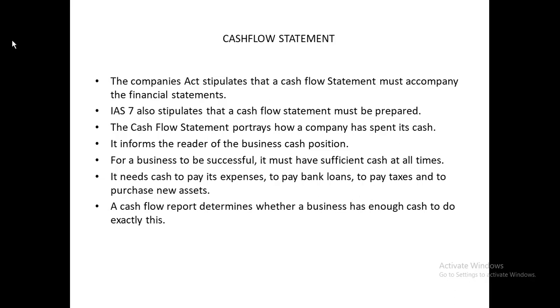It needs cash to pay its expenses, to pay loans, to pay taxes, to pay its employees, to purchase new assets, etc. A cash flow report also determines whether a business has enough cash to do what it wants to do.